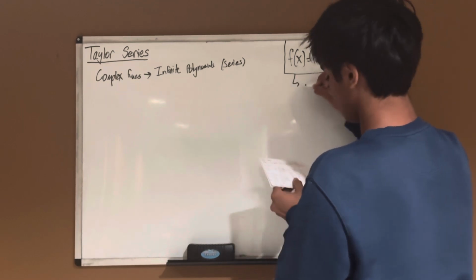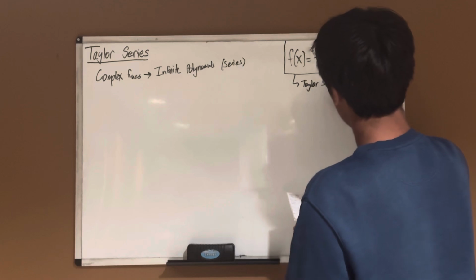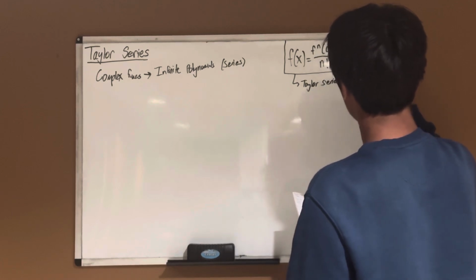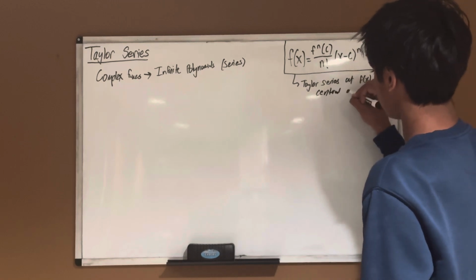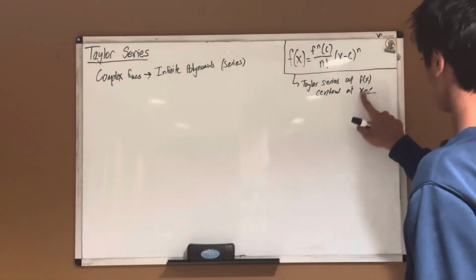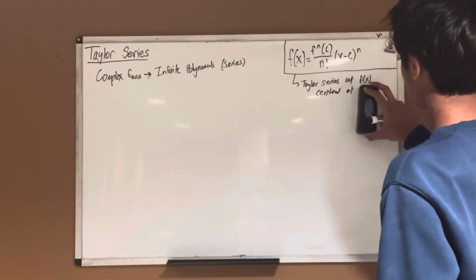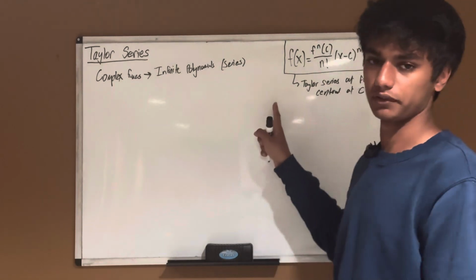And this is the Taylor series of f of x centered at c. So that's the formula for a Taylor series.